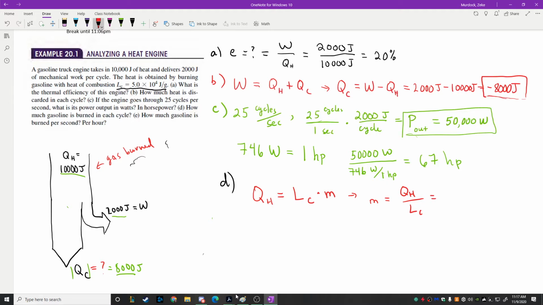So QH is 10,000 joules, and we're dividing that by LC, which is 5 times 10 to the 4 joules per gram. That's 1 times 10 to the 4 over 5 times 10 to the 4, so it's going to be like 0.2 grams.